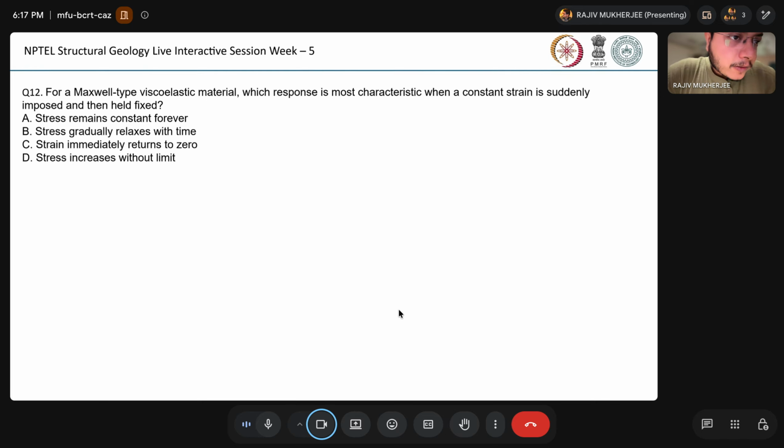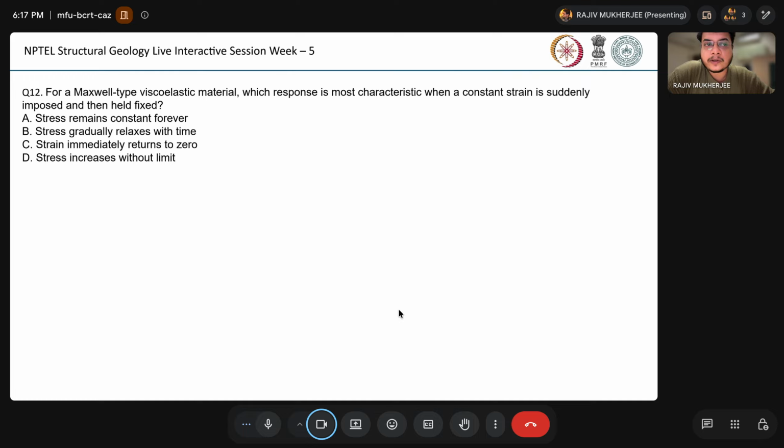So what will be the consequences of this event? Option A, stress remains constant forever; stress gradually relaxes with time; strain immediately returns to zero; and stress increases without any limit, right?